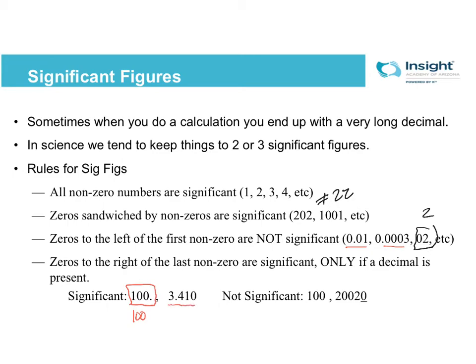With this one, this last zero matters because you intentionally include that after the decimal point, that's communicating that you measured it to 3 decimal places. You have certainty that that's the correct value there. Whereas if you measure something 20,020, that last zero doesn't matter. So for the most part, non-zeros matter. Zeros matter if they're in between non-zeros and if they follow a decimal point.